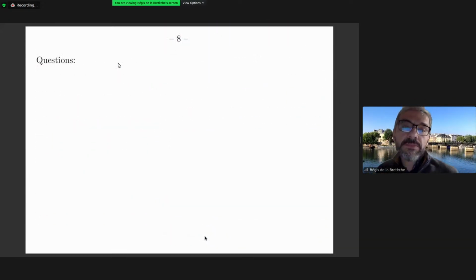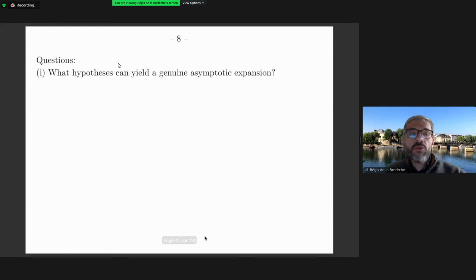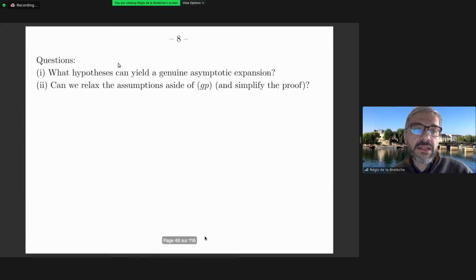Okay, so in our work with Gérald, we try to solve 3 questions. So first, what hypothesis can yield a genuine asymptotic expansion, not an upper bound, but an asymptotic expansion? Second, can we relax the assumption on the size of f of p?